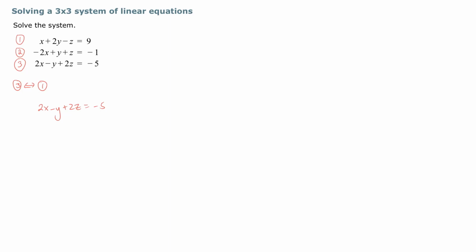Actually, I take that back. Let's not switch equation 1. I'm going to stick to a strategy that is more closely related to something you're going to learn later on, and that is something called elementary row operations. I'm going to take advantage of this invisible leading 1 there.